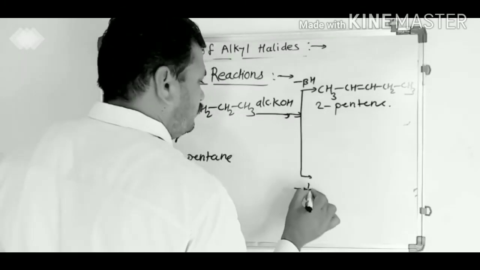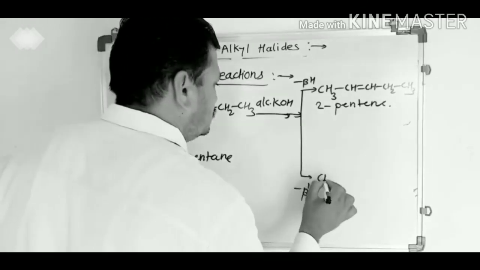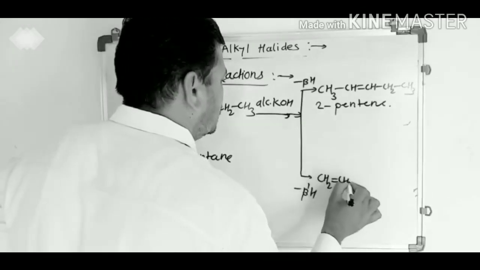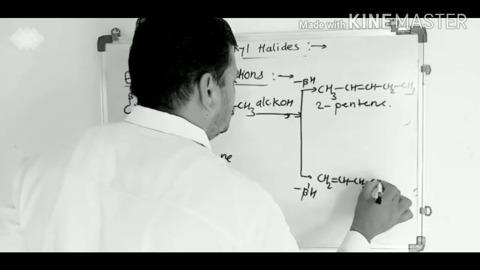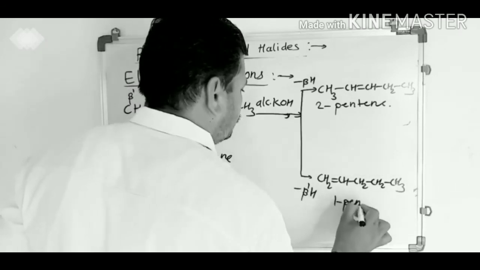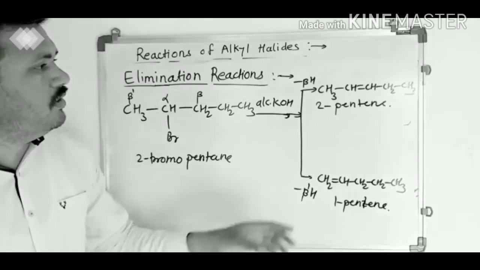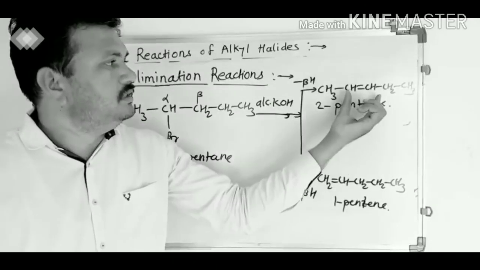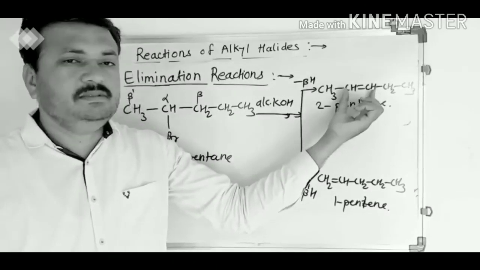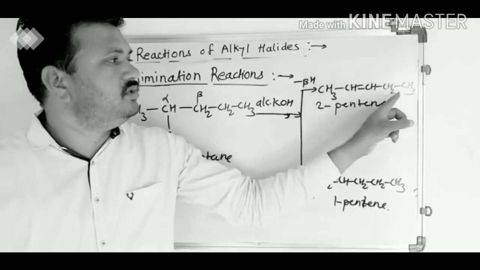When removal of beta dash hydrogen takes place, we get the product CH2=CH CH2 CH2 CH3, 1-pentene. When we observe both the products, the double bonded carbon atoms in the first have two substituents, ethyl and methyl.